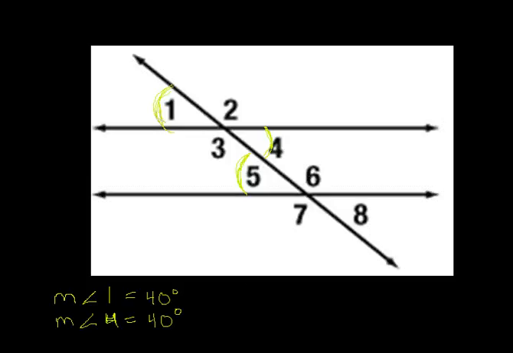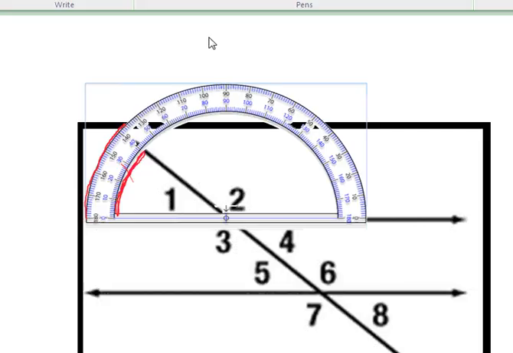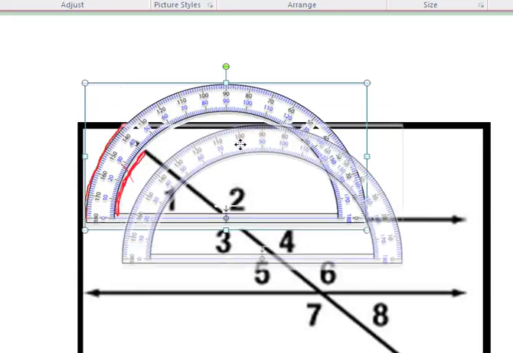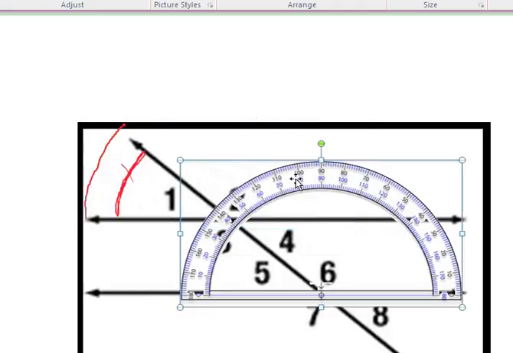But let's make sure. I'm going to pull up the other screen again and use that protractor here. I'll select a pen, get my mouse, and now I'm going to move my protractor down the screen to see what the measure of angle 5 is.